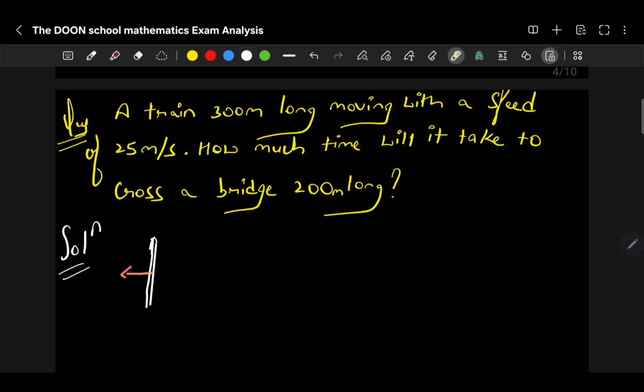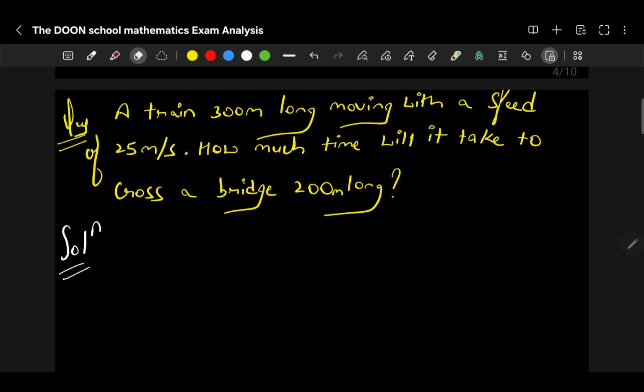A pole can have a maximum horizontal width of maybe 50 meters at most, which can be ignored compared to a train. So when a train crosses such objects, we simply say the distance covered by the train is equal to the length of the train.